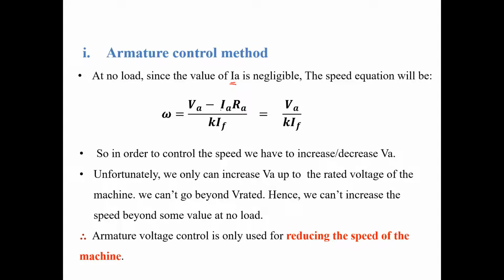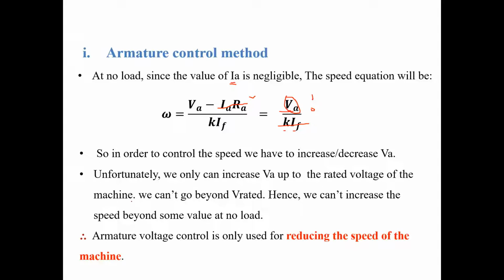As a result, the value of IA RA can be neglected. Hence, the speed depends on VA divided by K times IF. From this, K IF is constant, so the only variable parameter we can vary is VA. We can vary VA from 0 up to the rated voltage of the machine.